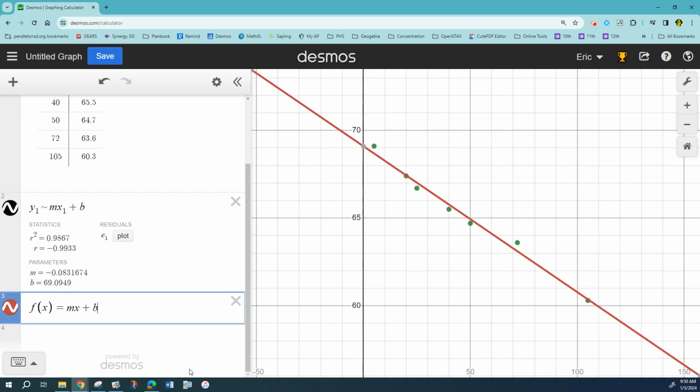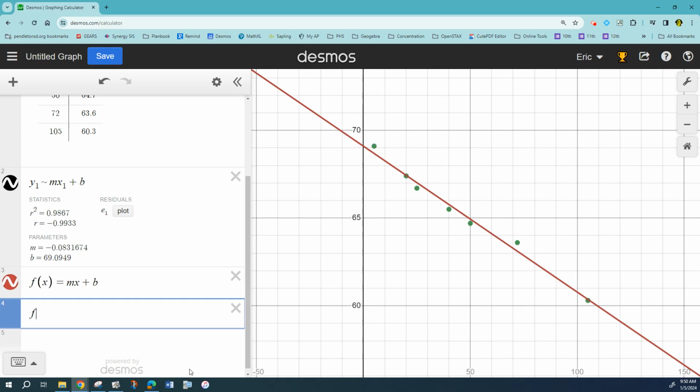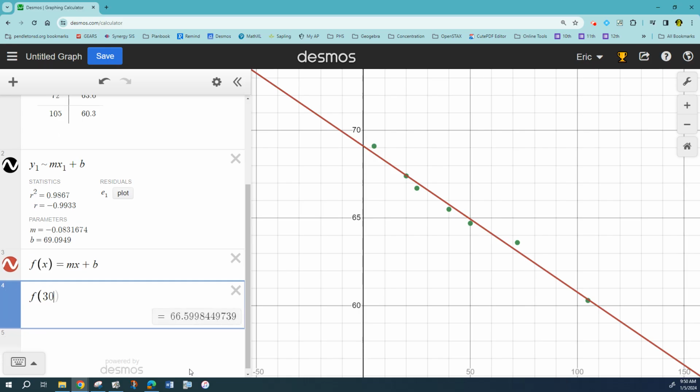And I don't have to type the values because it's going to keep all those decimal places, and probably it's even got more decimal places than that behind the scenes. Desmos is calculating and keeping those values, storing those values. So it already knows what m and b are, so I can just write those in as mx plus b. Now all I have to do is go down to the next row and evaluate that function at 30, and there's my answer.